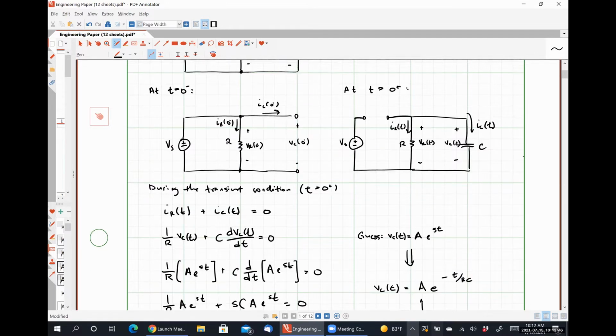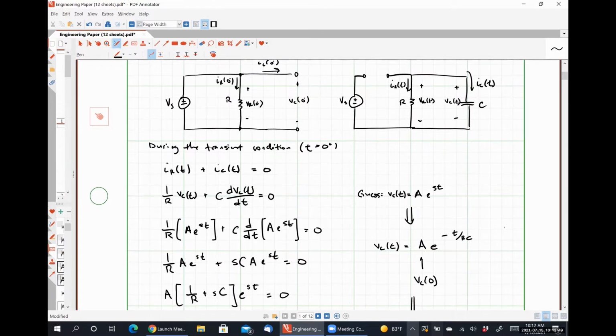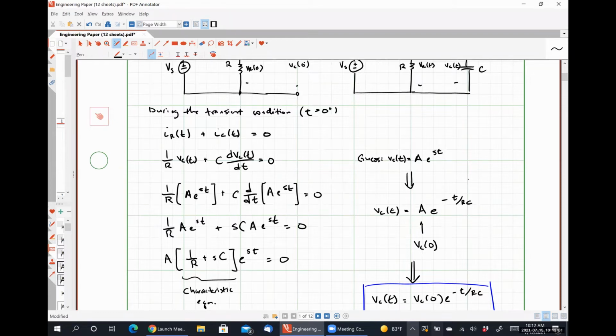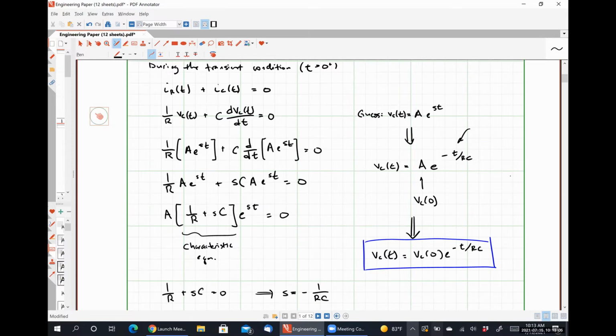So when we evaluate this at exactly t equals 0, it has to be the same as the voltage we saw at t equals 0 minus. And the only way that occurs is if A is exactly equal to VC of 0.